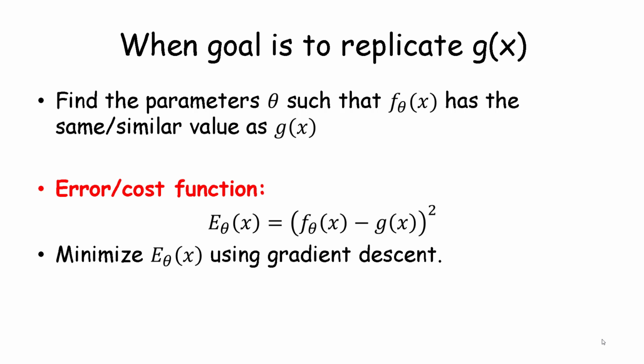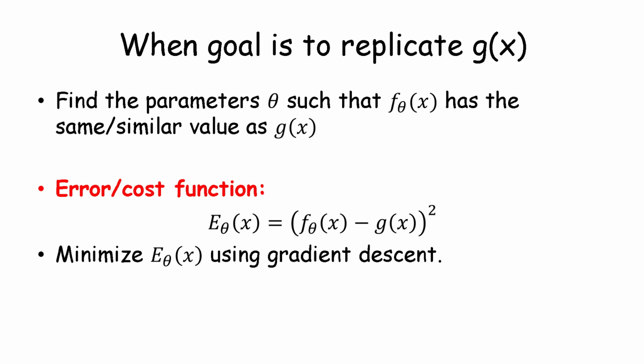Note that in this notation, we try to optimize a set of parameters theta, not the variable x. The variable x represents the samples that we use to train the machine learning model. The parameter theta represents the machine learning model's internal parameters that we would like to adjust as we train it on the samples.